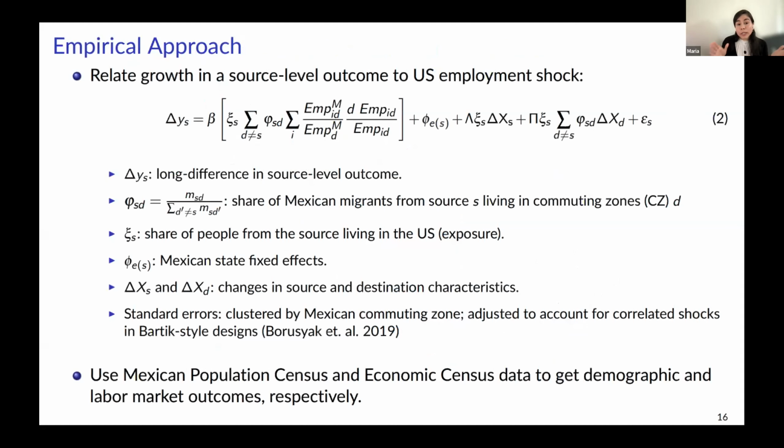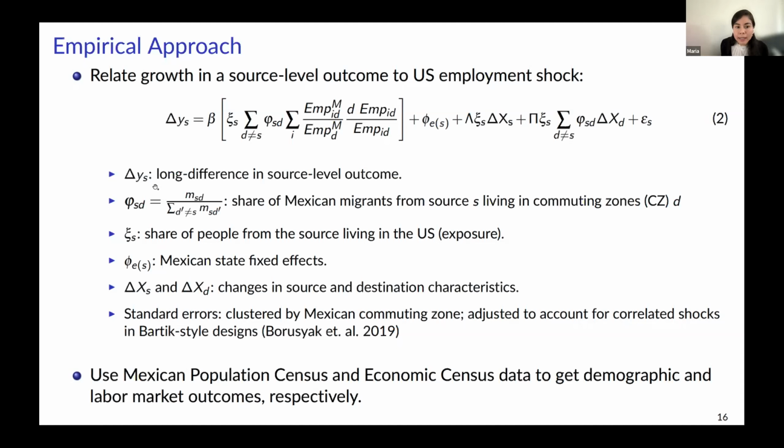Now, our estimating equation, which is also derived from our location choice model, relates changes in a specific outcome at the Mexican municipality level to our US employment shock measure. Again, the unit of analysis is a municipality in Mexico.